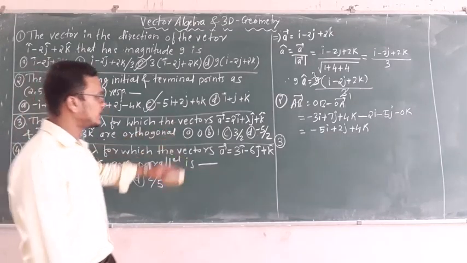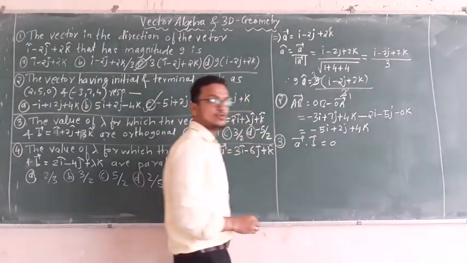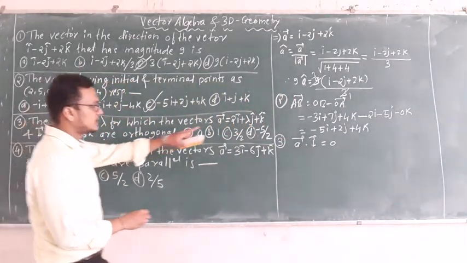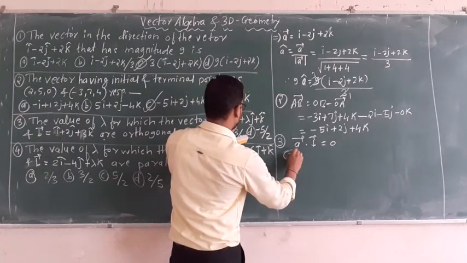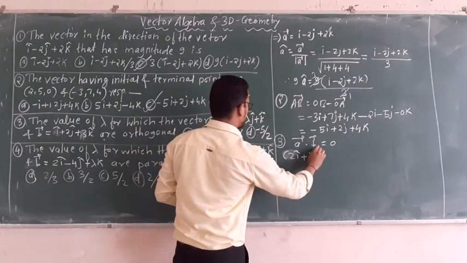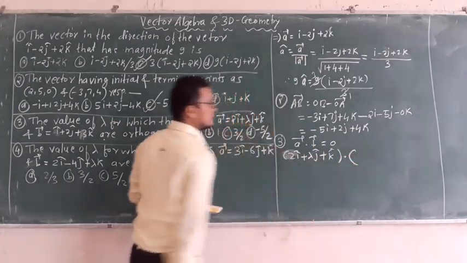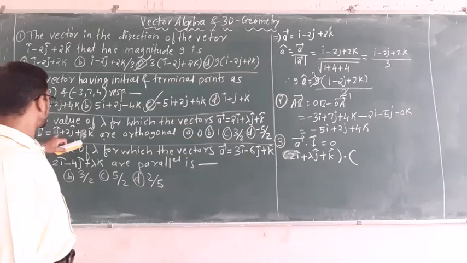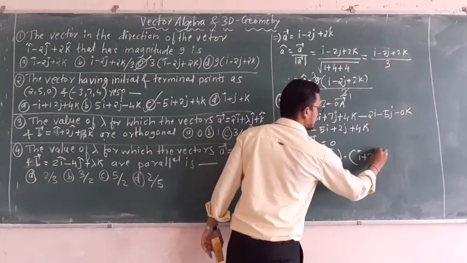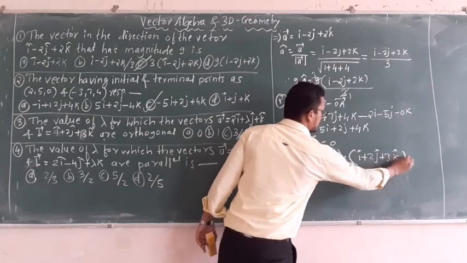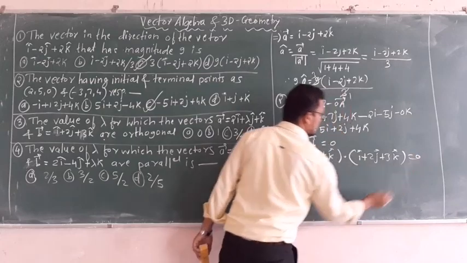Therefore we take A dot B equal to 0. Vector A is 2i plus lambda j plus k, dot vector B, which is i plus 2j plus 3k. We take the dot product, which equals 0.